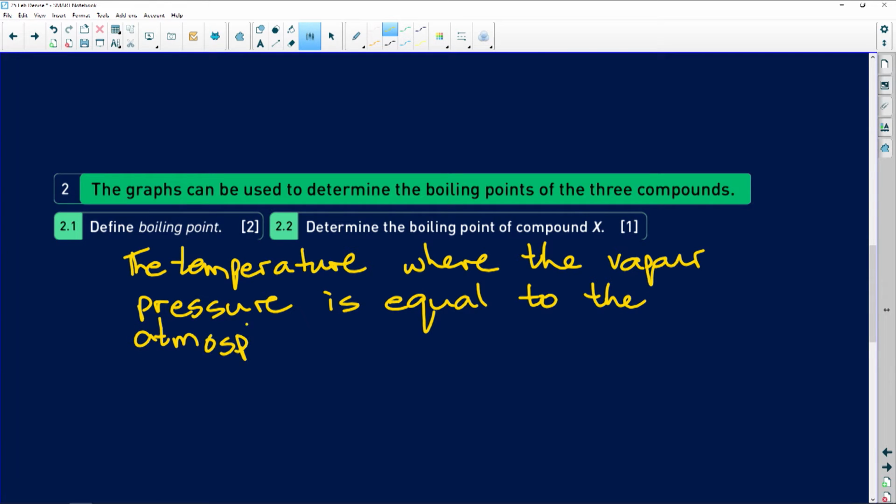And there we go. Boiling point is the temperature where the vapor pressure of the liquid is equal to the atmospheric pressure. So 2 marks.